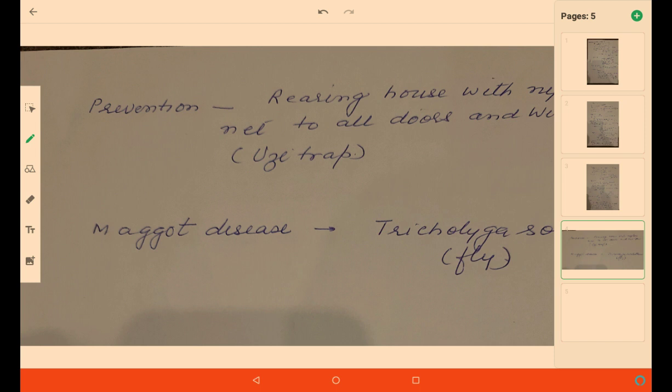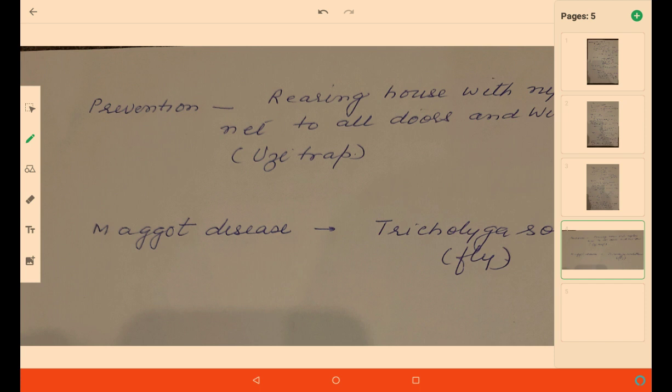It is prevented by putting up nylon nets at all the doors and windows, which is called an Uzi trap. This Uzi trap prevents the Uzi fly from coming inside the rearing houses and laying eggs.